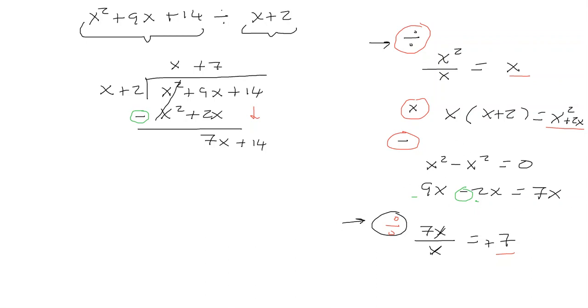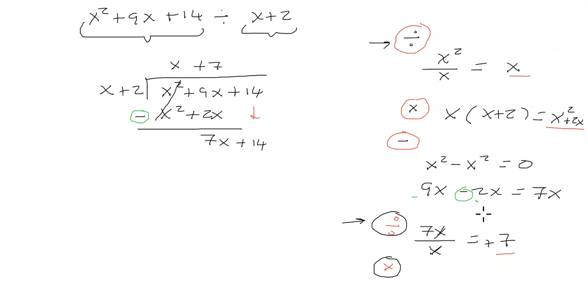The next phase is the multiplication phase. We're doing our second round of multiplication. We multiply the answer we got, which we put up here, by this expression.